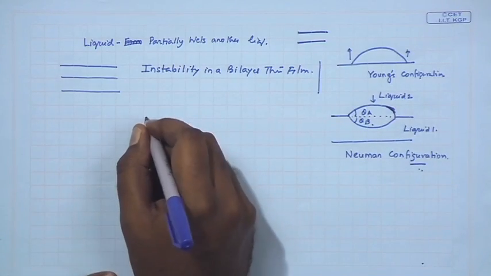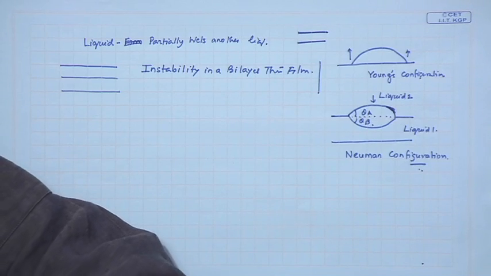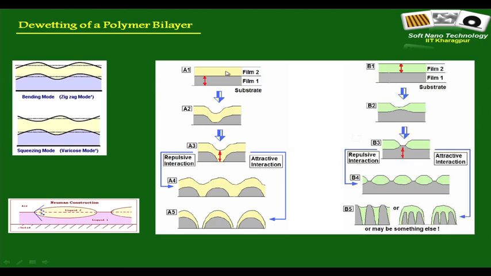So, the easiest way to think about it is very nicely shown here. Suppose you have a bilayer comprising 2 films.